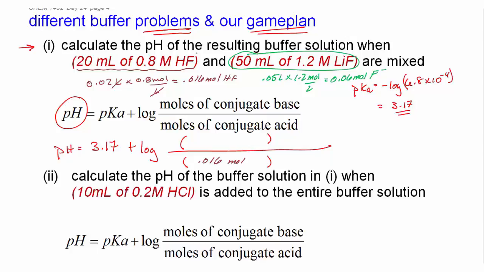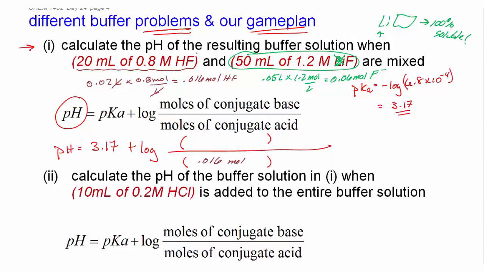Remember, lithium we don't care about. That's an alkali metal. When you have an alkali metal with anything, it's always 100% soluble. That was our solubility rules. So that's the purpose of the lithium. The lithium is an alkali metal, no acidic or basic properties, so we kind of just imagine it's not there.